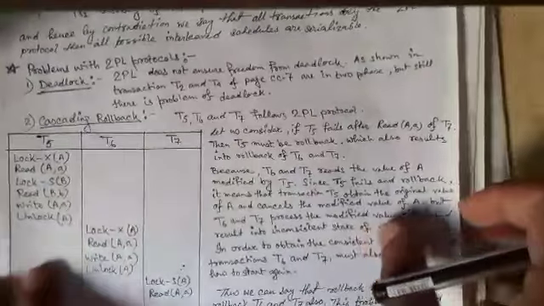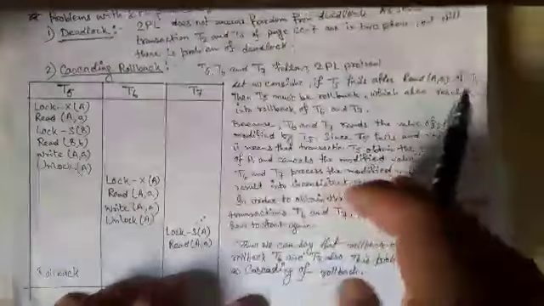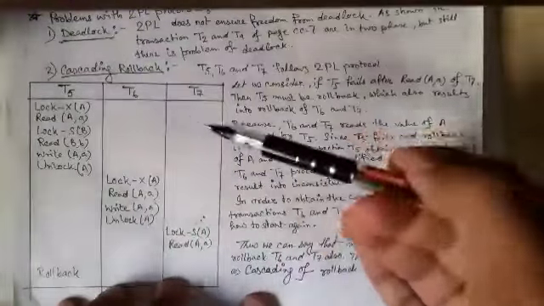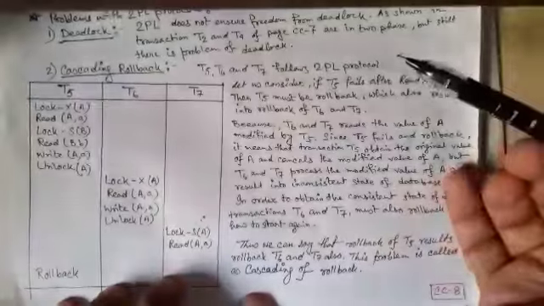Now we discuss another problem that occurs during the two-phase locking protocol, that is the cascading rollback. Now here is a situation where T5, T6, T7, these three transactions are performed concurrently.